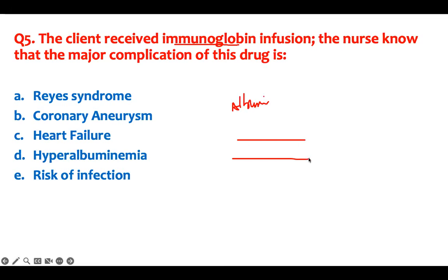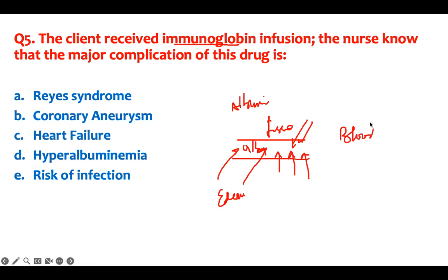So this is your blood. I give you an albumin. Albumin is going, this is your tissue. It's going to pull all the water inside your vascular system. That's what you do. You hold on to water. So all the edema that you have in your tissue, albumin will pull it back into the blood. So now your blood volume will increase.